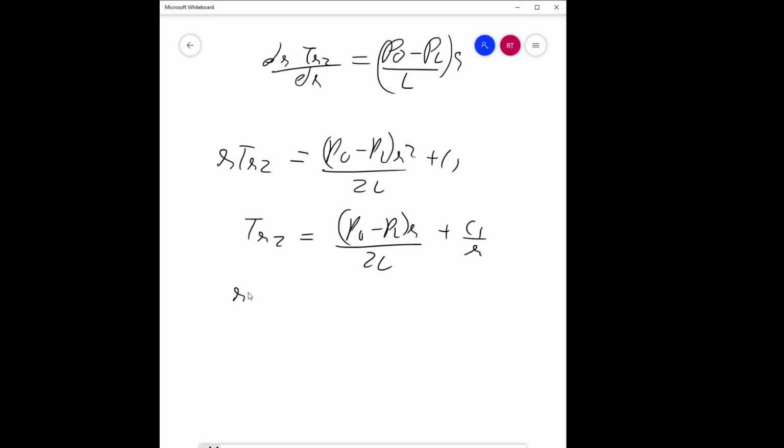But we know at r is equal to 0, tau_rz must be finite. So if it must be finite, you put 0 here, you get tau_rz cannot be infinity. So that means C1 has to be 0. So you can just say tau_rz is equal to (P0 minus PL) r by 2L. This is the first part.